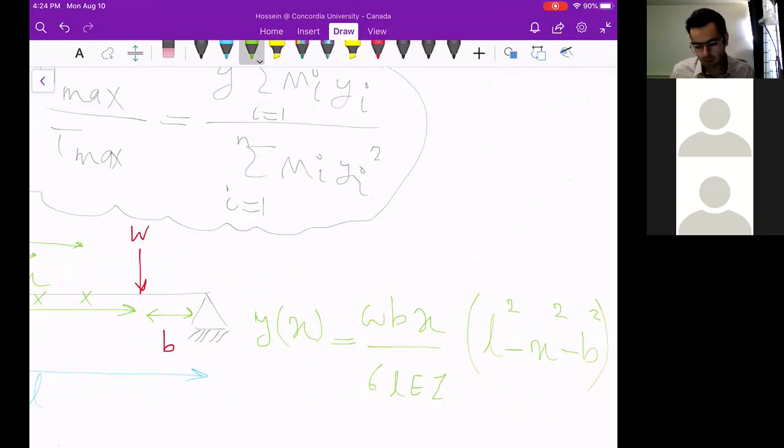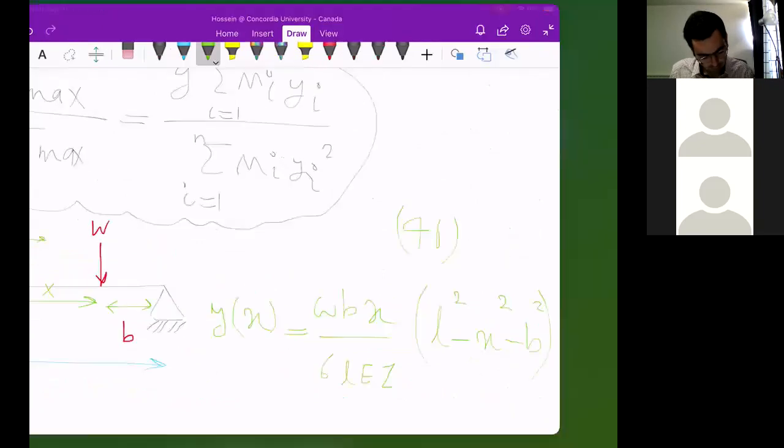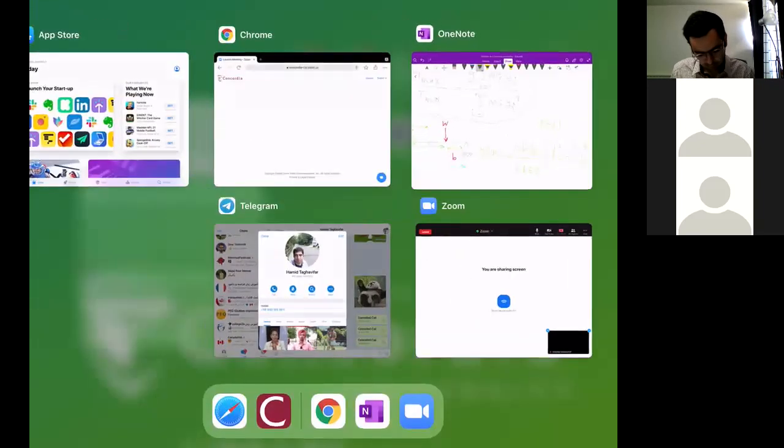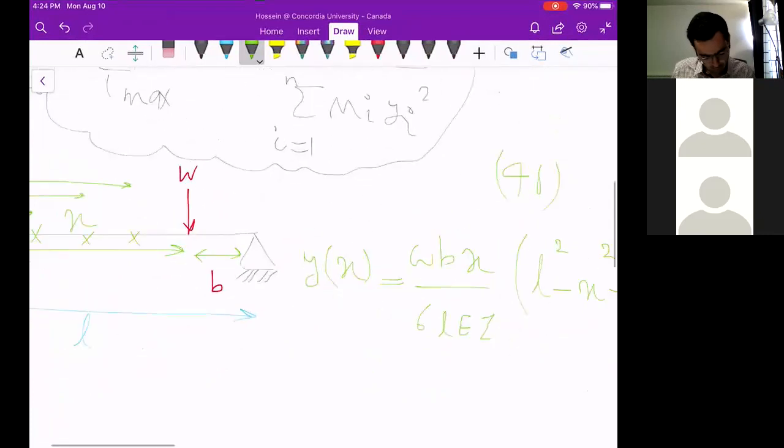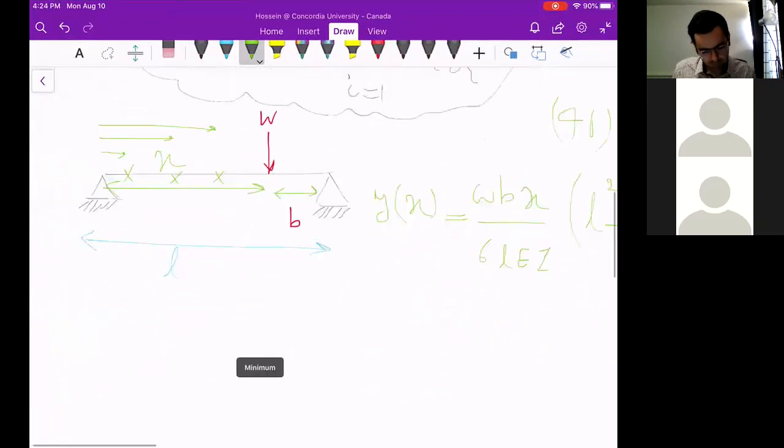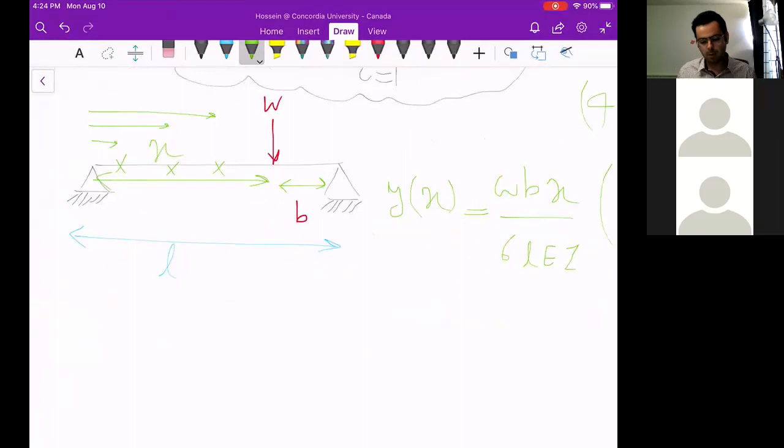You have this equation in the book, page 46, I think. It gives the deflection at any point due to a single load W at a distance B from the right end, at a distance X from the left side.